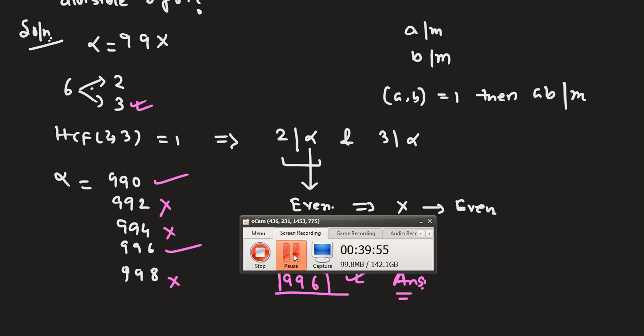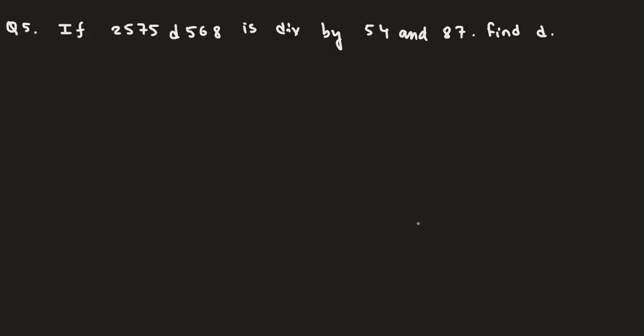Okay, now this question says that if 2575D568, this is an 8-digit number, and if this number is divisible by 54 and 87, then find the value of D. That means both 54 and 87 divide this number.